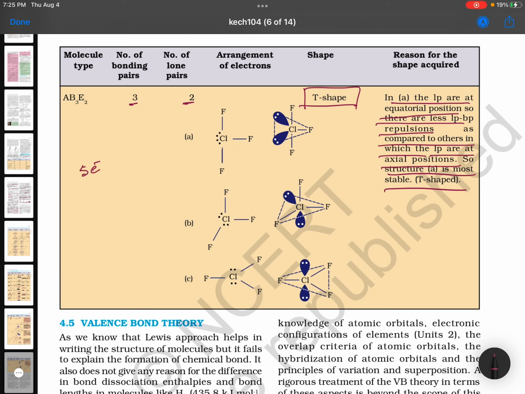When 5 electron pairs are there, that is an odd number of electron pairs, lone pairs must be in the plane. Simple logic. If an even number of electron pairs are there, like 6 electron pairs, lone pairs must be above and below the plane. Simple logic. Fine. So this is all about VSEPR theory, NCERT.